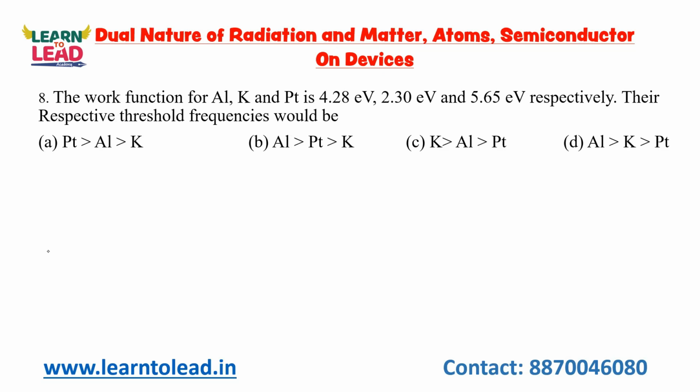Next question. The work function of aluminium, potassium and platinum is 4.28 electron volts, 2.30 electron volts, and 5.65 electron volts respectively. Their respective threshold frequencies would be what? The frequency of platinum is greater than the frequency of aluminium, which is greater than potassium.